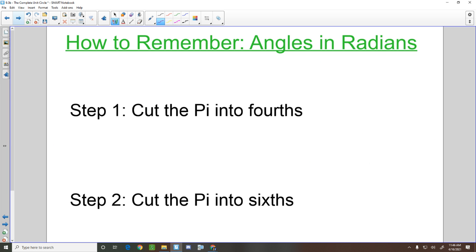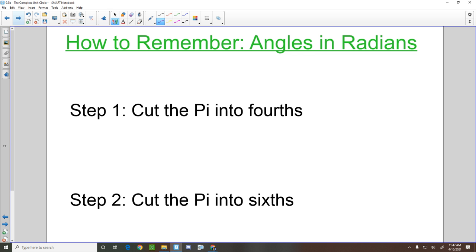Next up, angles in radians. These are this newer unit of angle measurement for us that we're probably not as familiar with. One thing you could always do, remember, is if you know the angles in degrees already, you can easily convert them into radians by using your conversion factor.